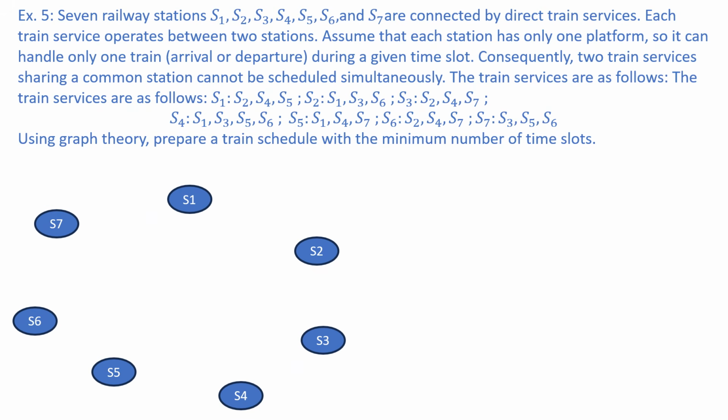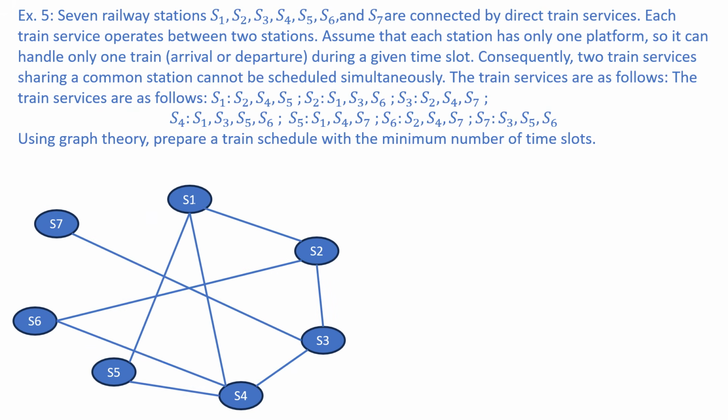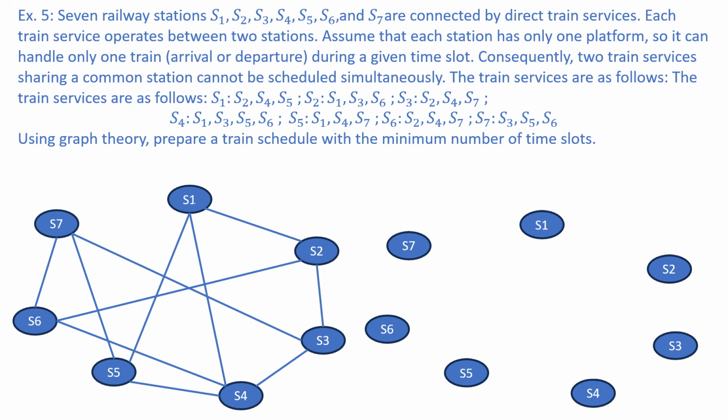So let us consider the vertices with the stations S1 to S7. Now let us plot the edges between the vertices based on the given data. Now let us do the coloring for the edges.